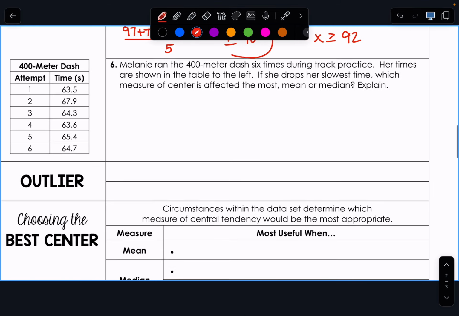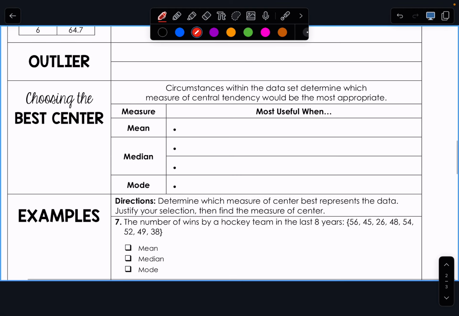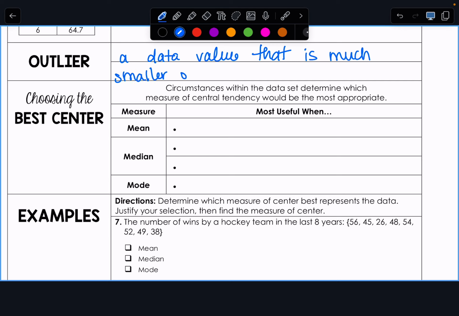Okay, so let's talk about an outlier. What is an outlier? It's like a number that's way out of spot on the data. Okay, so a data value that is out of place, right? It's either much smaller or much larger than the rest of the data.